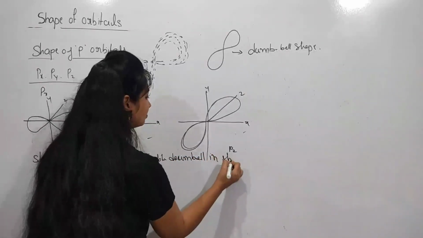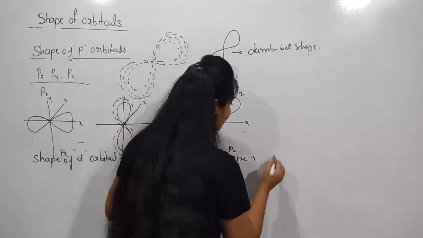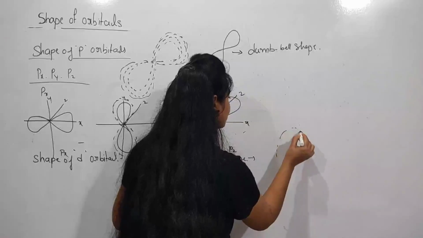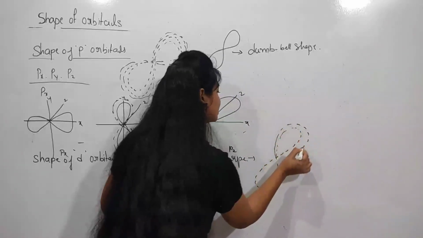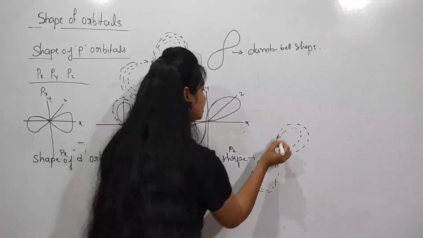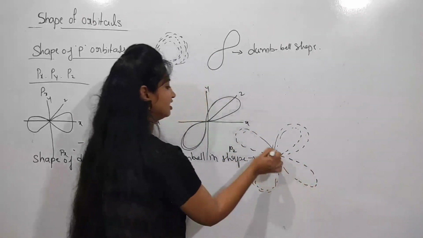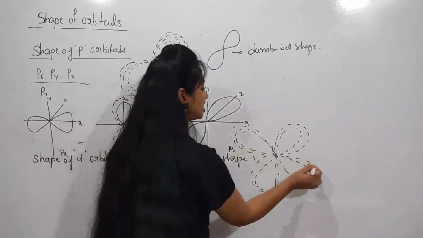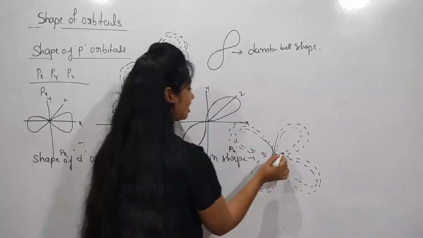In the d orbital we have the probability of an electron like this. This is our electron density. Here we get the density in this shape, and here we get the density in this shape. So this is our d orbital.